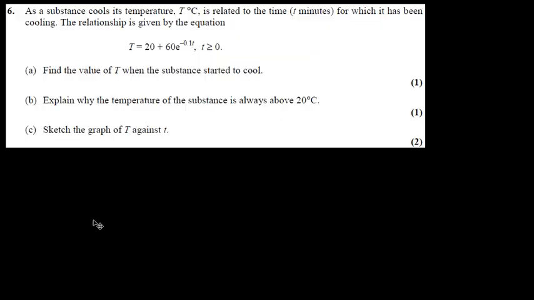This is a rate of change or exponential growth and decay sum. Every paper will have an exponential function question, and this is an exponential decay sum. So let me do a little bit of a review here.